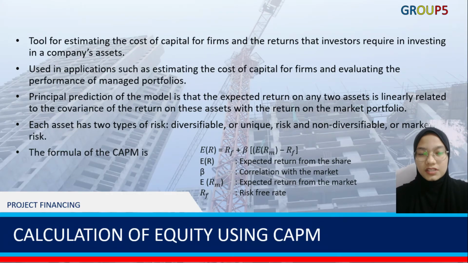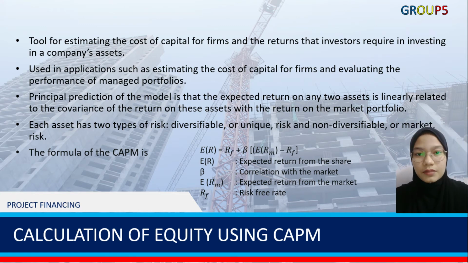CAPM. CAPM is a tool for estimating the cost of capital for firms and the returns that investors require in investing in a company's asset. It is also used for applications such as estimating the cost of capital for firms and evaluating the performance of managed portfolios.